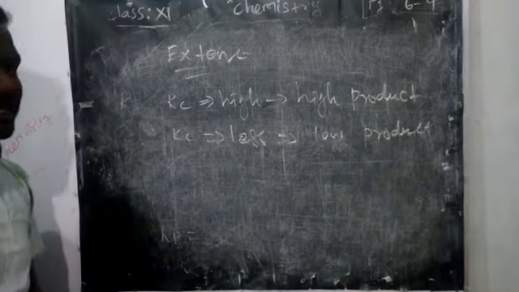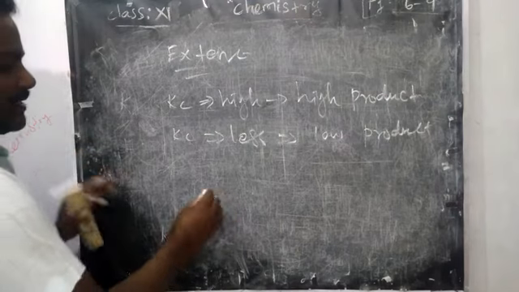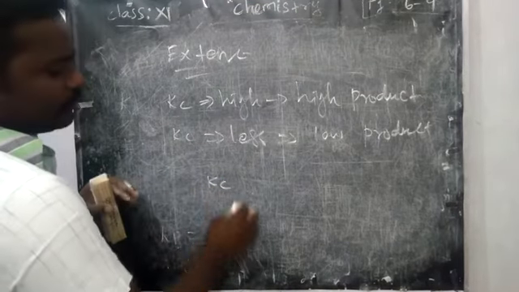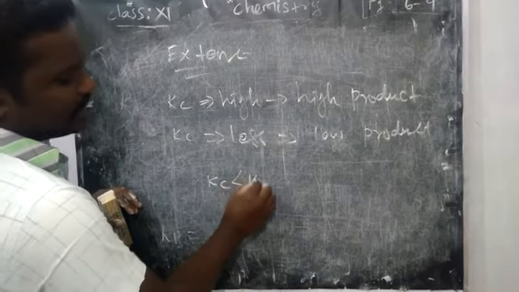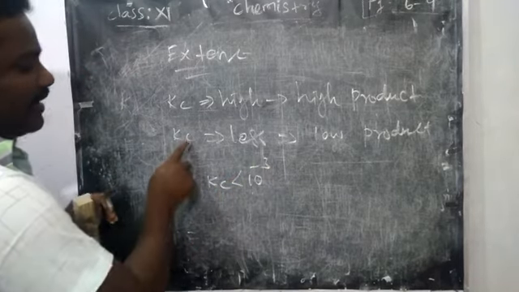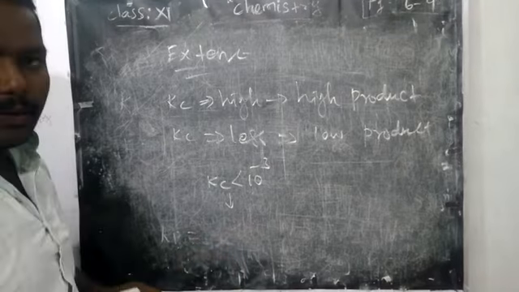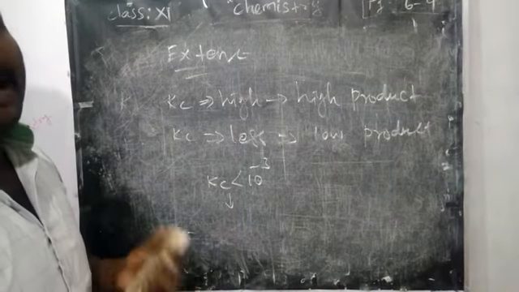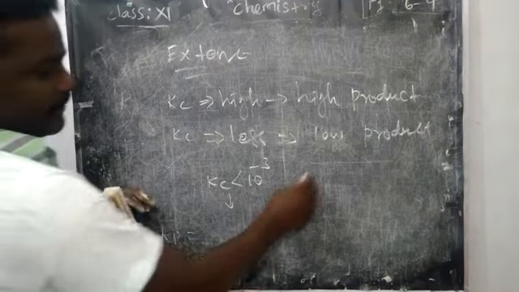Right? So based on this, we can classify. Kc value less than 10 power minus 3: we can say it has low tendency or rarely proceeds. Rarely the reaction will take place.